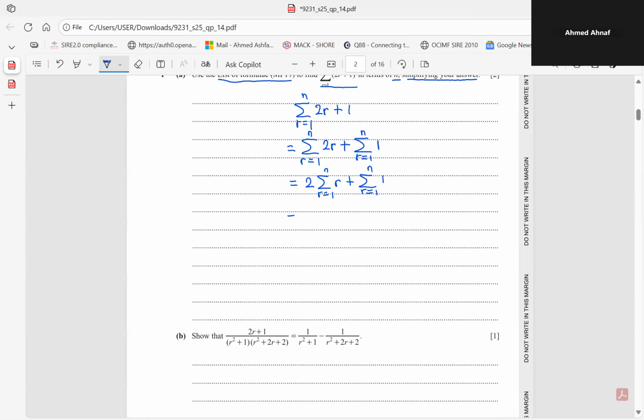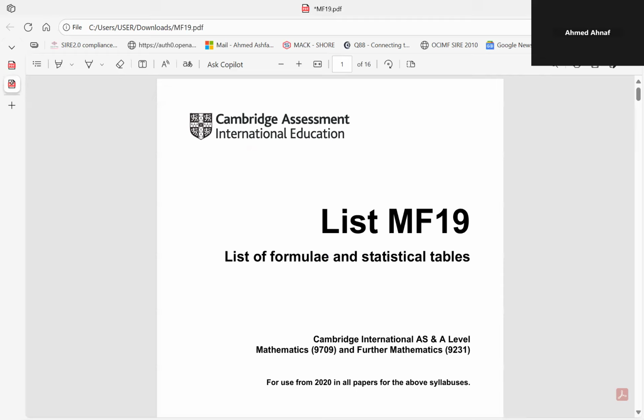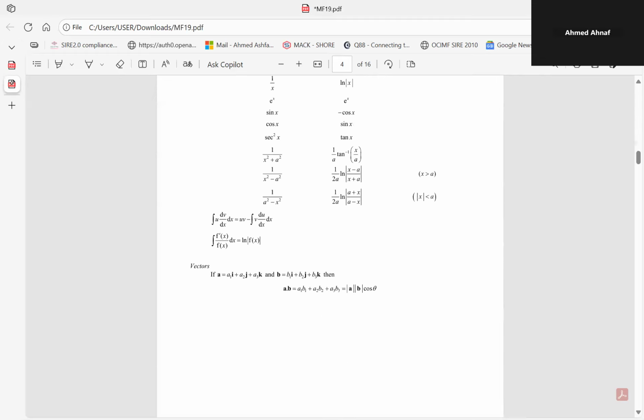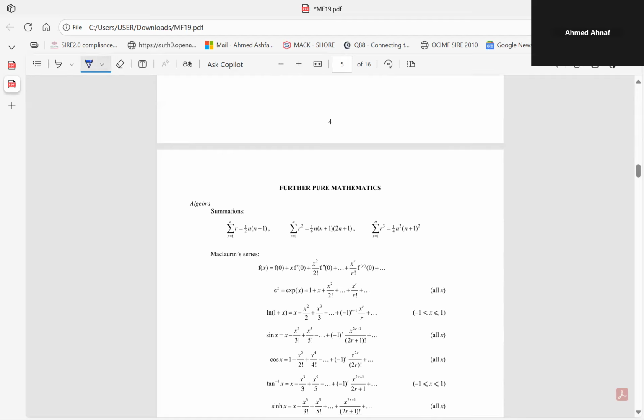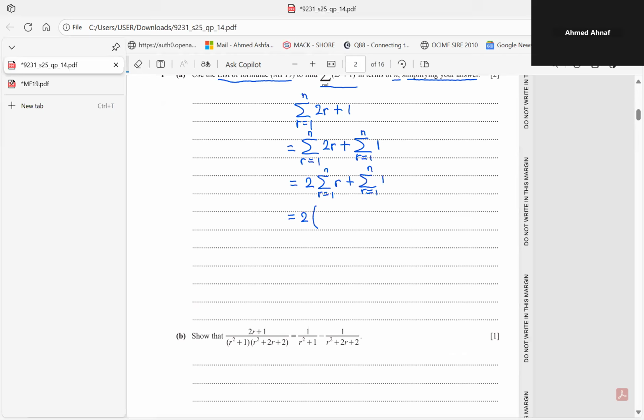Okay, so for r equals 1 all the way to n, the summation of r, we can head on to our MF19. And here we're given the formula for this exact result right here. So we're going to substitute that, half n times n plus 1.